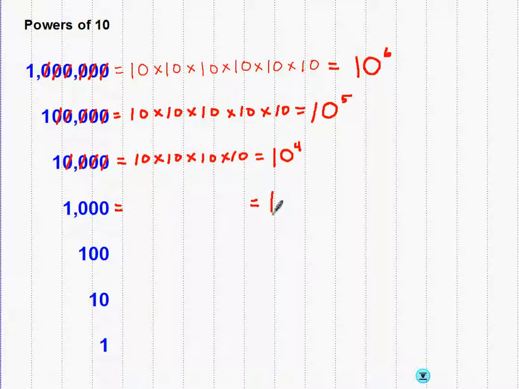So let's put our base of 10, and then we can count zeros. 1, 2, 3 zeros. So we've raised that to the power of 3. And this means 10 times itself 3 times. So 10 times 10 times 10.